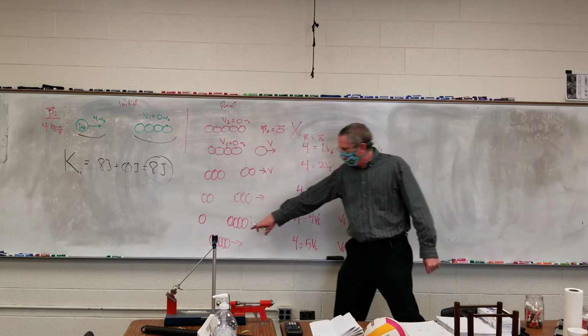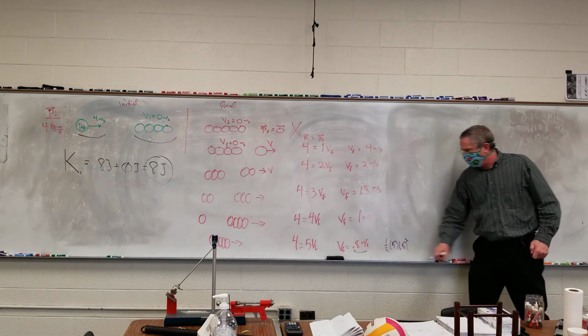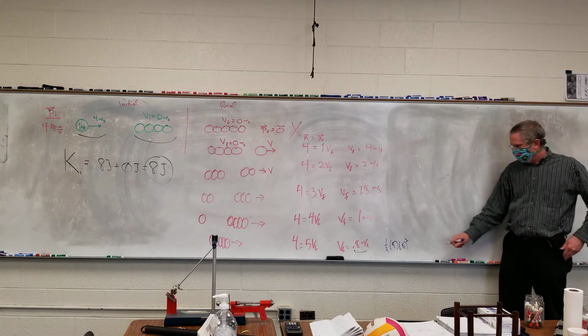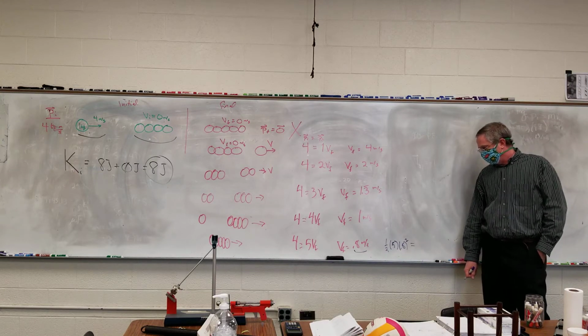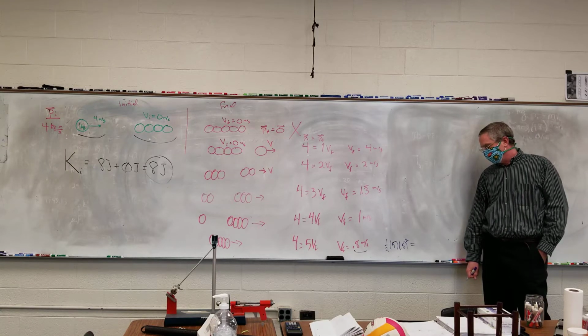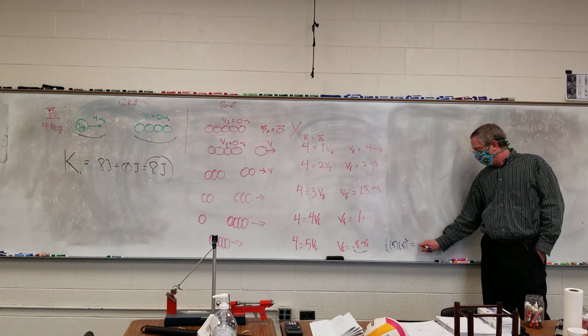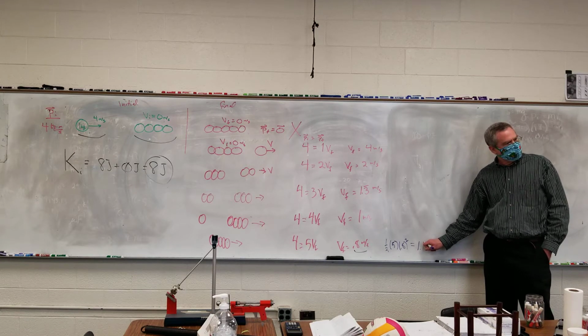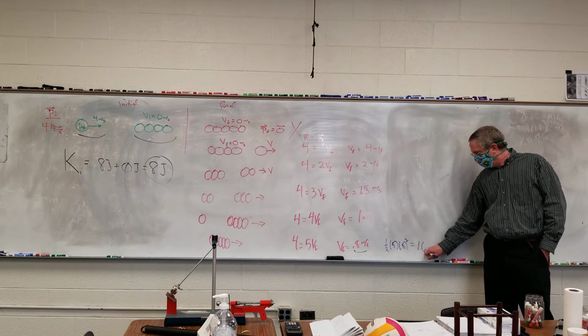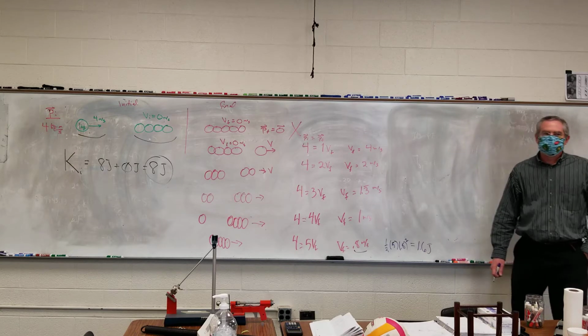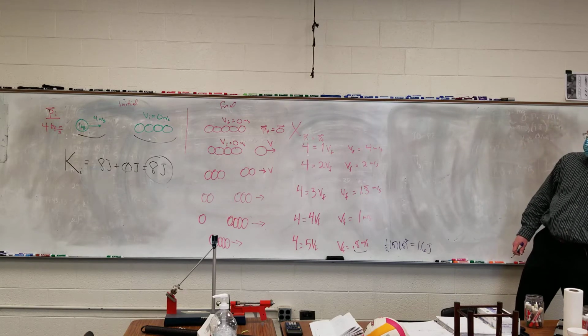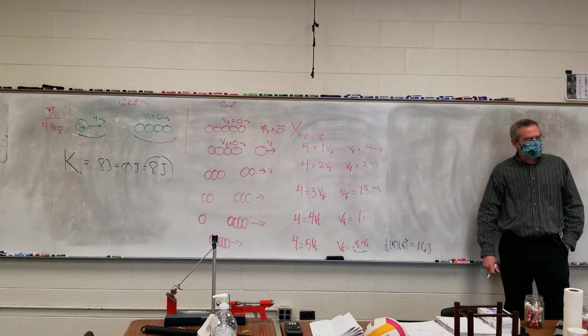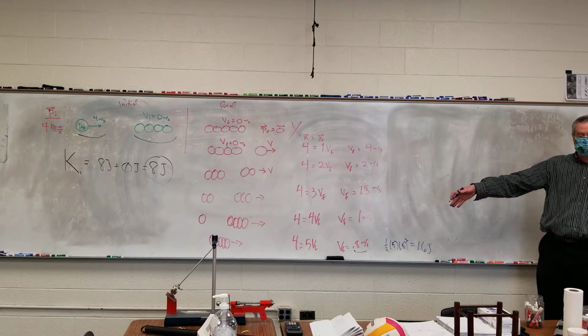Because I have 5 kilograms moving to the right at 0.8 meters per second. 1.6 joules. So we start with 8 joules of energy, we end up with the 1.6 joules of energy. This is a perfectly inelastic collision, by the way.